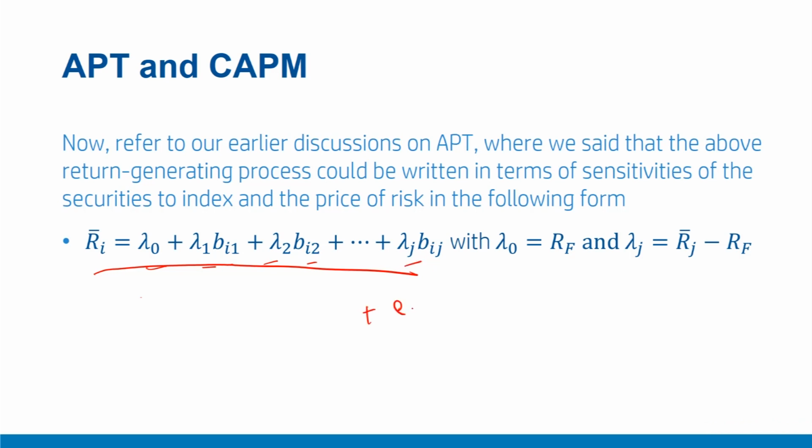Notice there is no residual term because this is the equilibrium equation of return as defined by APT. Here lambda 0, if the risk-free rate RF is available, equals RF, and lambda j equals Rj bar minus RF. Now lambda j here is the risk premium with respect to index j.